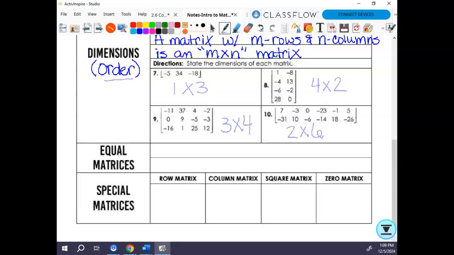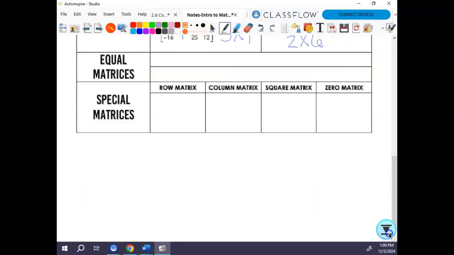Okay. So then we have some special little definitions of things we need to talk about. The first one is equal matrices.